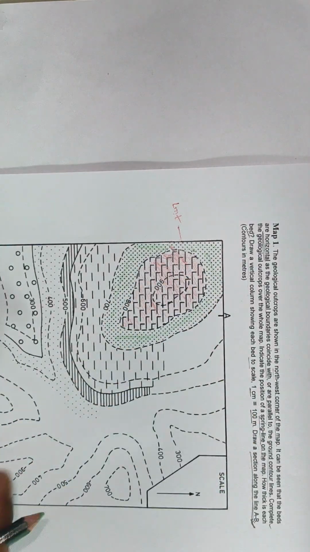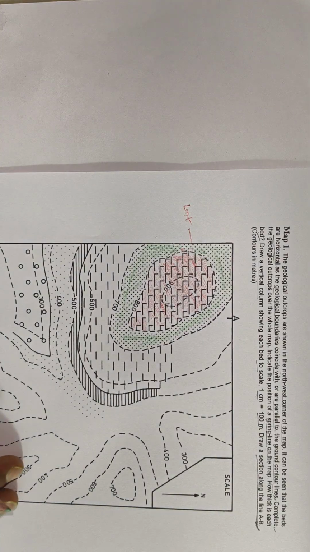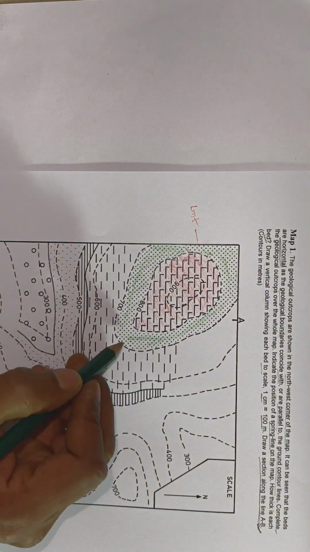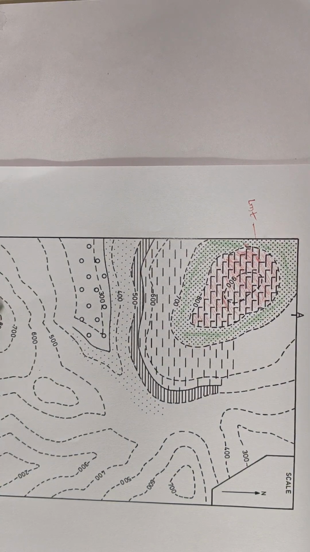These are coarse grain sandstone having elevation between 700 and 800. So above 700 and below 800 there will be a sandstone bed.